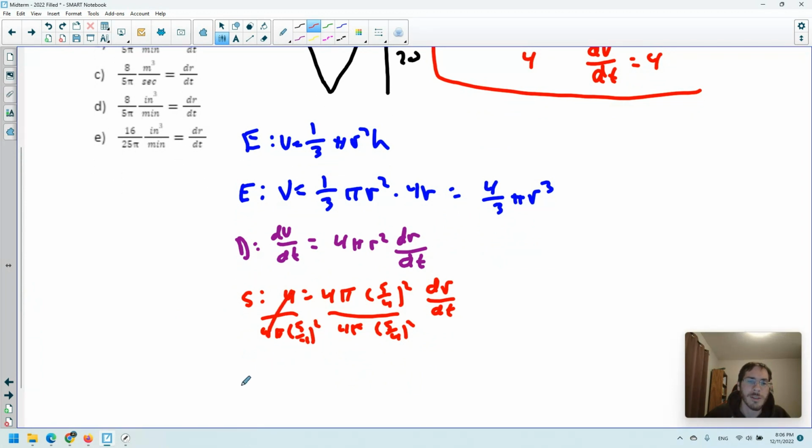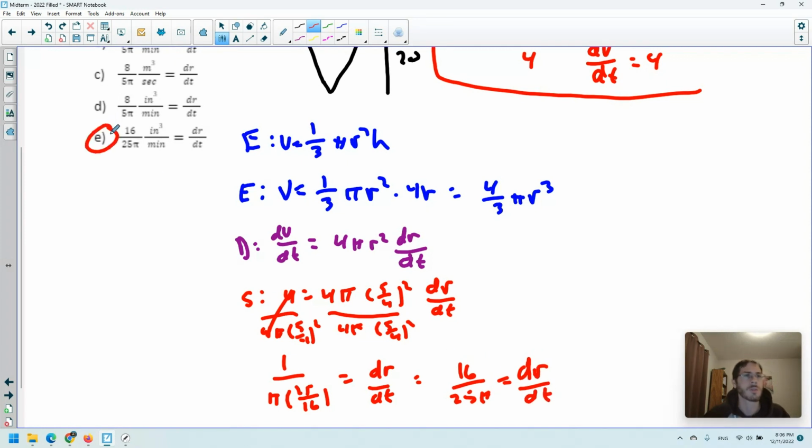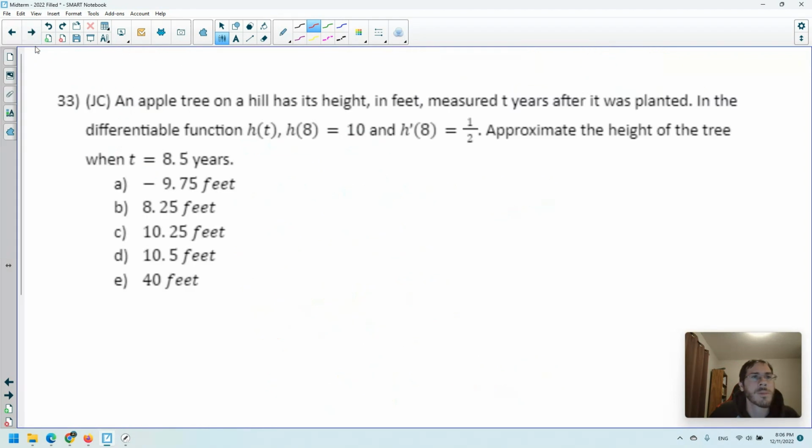So the 4's are going to cancel. We get 1 over pi times 25 over 16 is equal to dr/dt. But since 25 over 16 is on the bottom, we can flip that to make 16 over 25 pi for dr/dt. And that's going to be answer choice E. So that's what we get for that one.